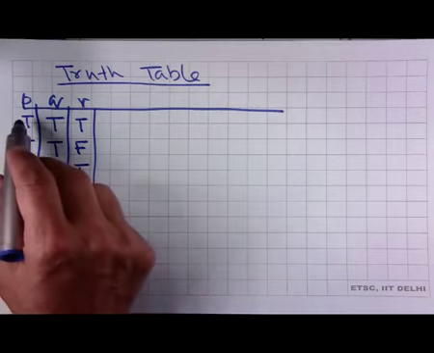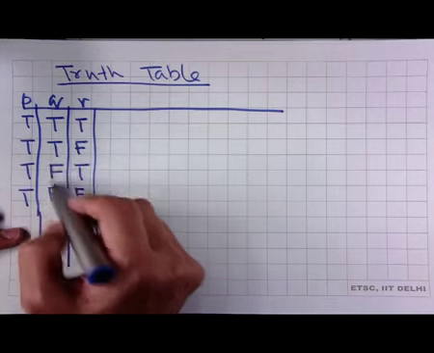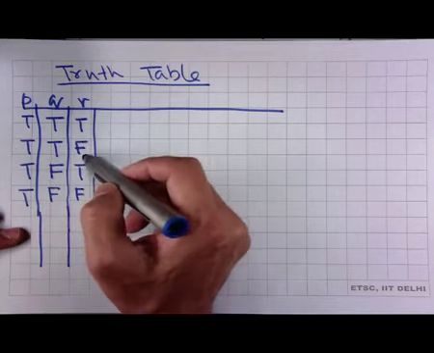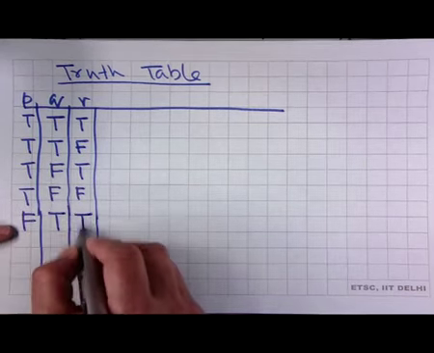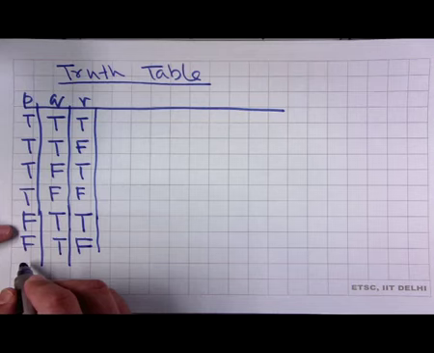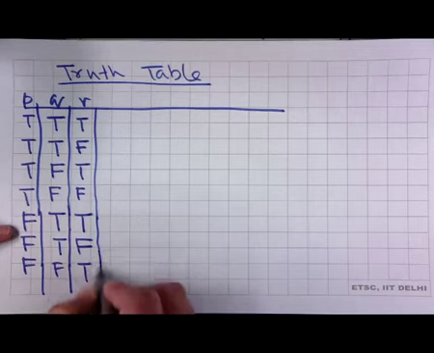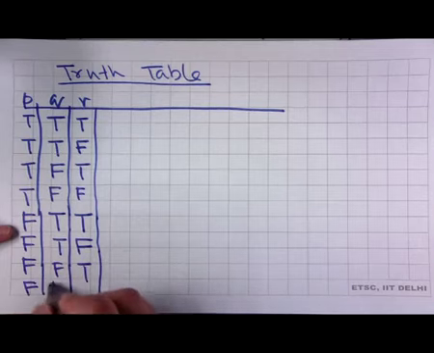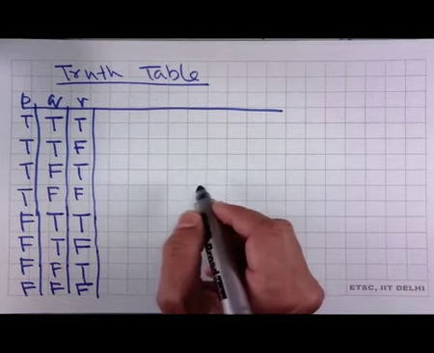I am fixing the value of P, then for that there are 2 values for Q, and then for each one of them there are 2 values for R. So, accordingly, I am making it F T T, F T F, F F T and finally F F F. So, these are the 8 possible combinations of the truth values for P, Q and R.